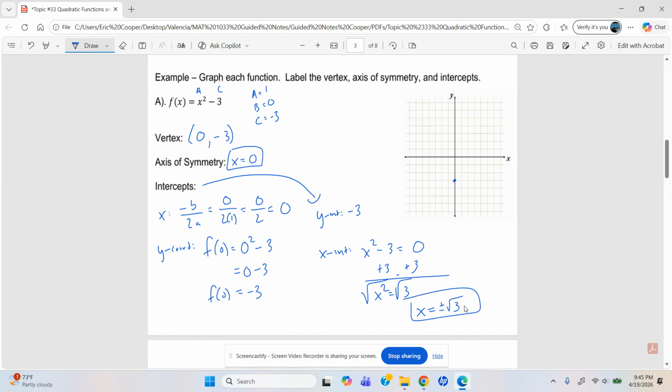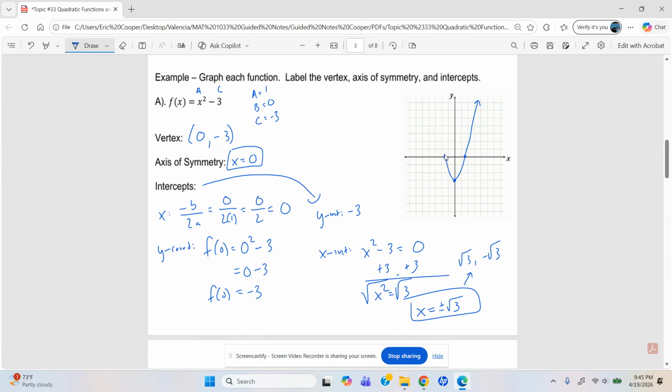And you'll remember from the last video that when we square root now, we want to have this plus or minus. So my x-intercept is at square root of 3 and at negative square root of 3. Square root of 3 happens to be somewhere between 1 and 2, so we'll put our dots right here. And then we can connect our graph and graph these.